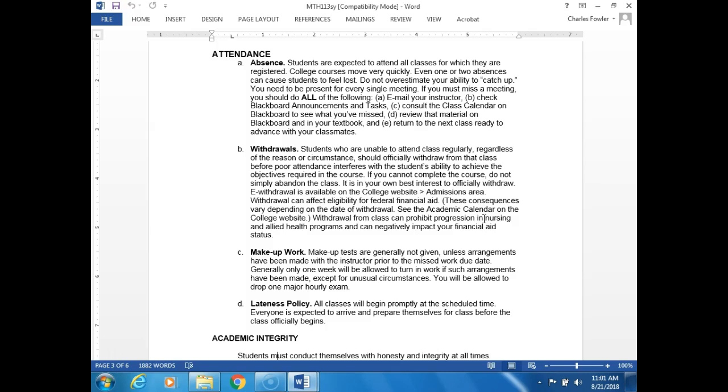A D pulls down your grade point average a little bit. An F pulls it down big time. A W does not change your grade. It does not affect your grade point average at all. So a W is always better than a D or an F. It's equivalent in that you don't get any credit for the course, but it's better in that it doesn't pull down your grade point average.